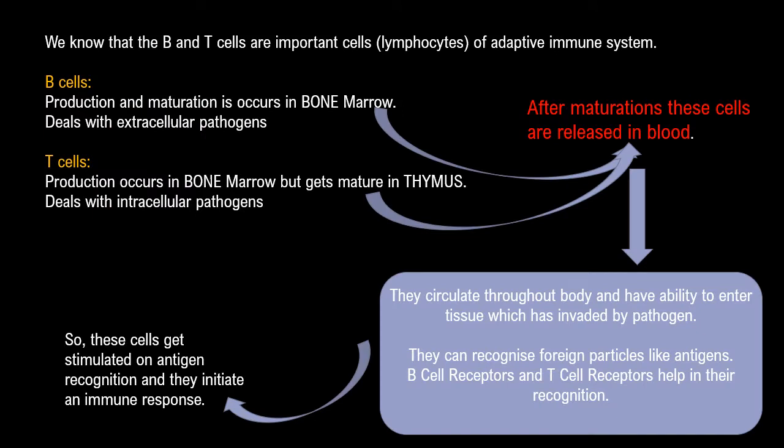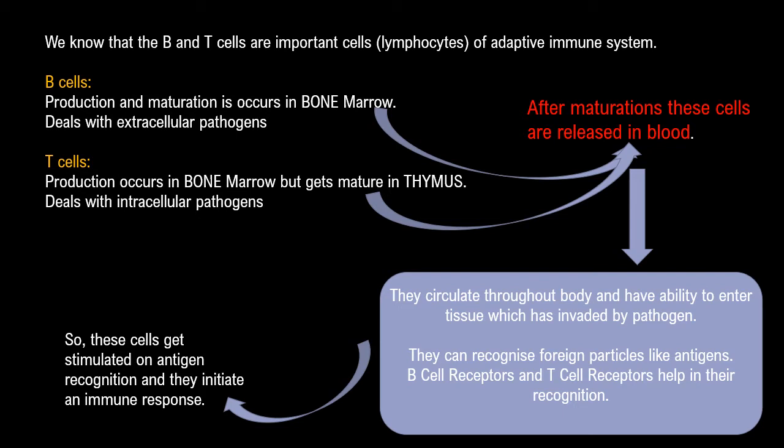We know that B and T cells are important lymphocytes of the adaptive immune system. What is the importance of B cells and T cells? In short, we will see here. B cell production and maturation occur in the bone marrow itself, and B cells mainly deal with extracellular pathogens.